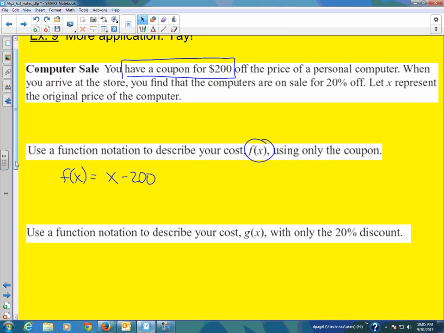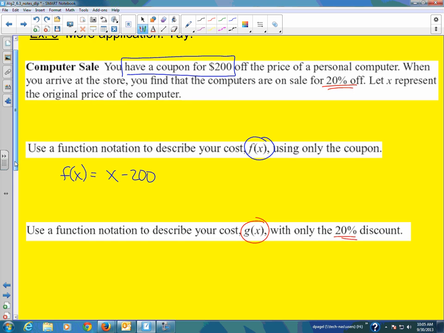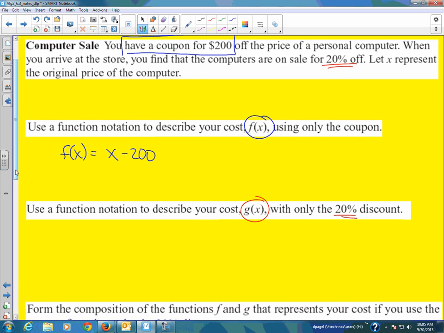Then we've got a situation where we've got a 20% off going on. And so our discount of 20% we will use as our g of x function. So g of x is equal to, now when you take a percentage off, this discount is coming from the original price. So you're reducing the original price by 20%.